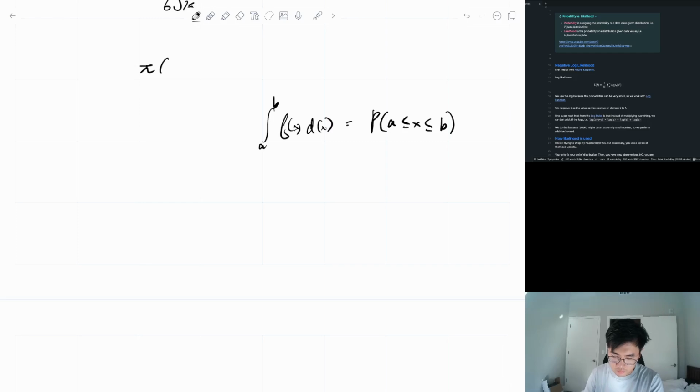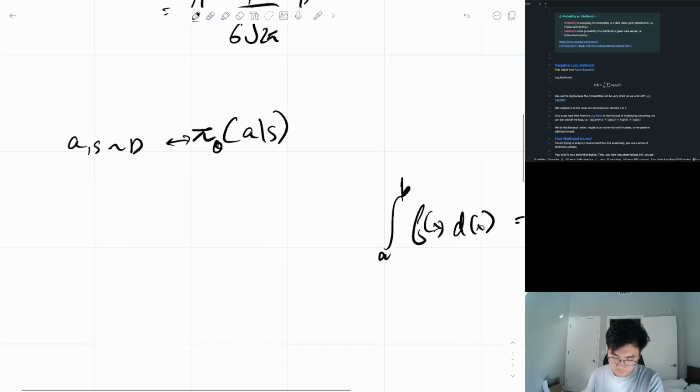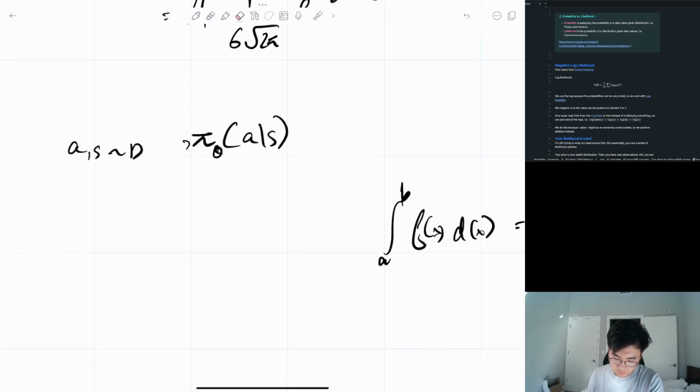We have some policy that outputs an action given some state, and it's parameterized by some theta. We have some action and state that's sampled from D, and these two should be matching. So we want pi theta to be sort of equal to D, the target data distribution. That is essentially what we're doing. We just want to maximize this, and we just add a log in front of it for training stability.